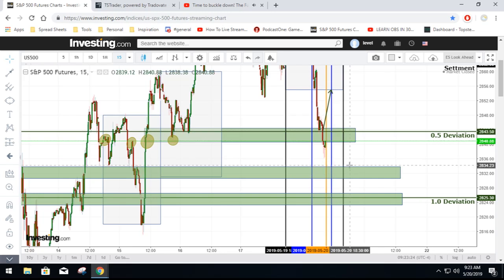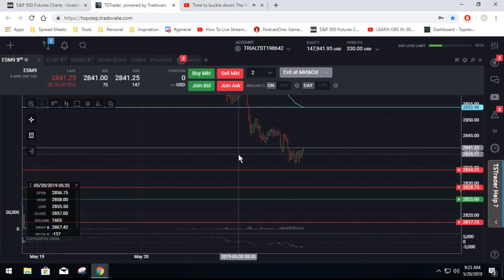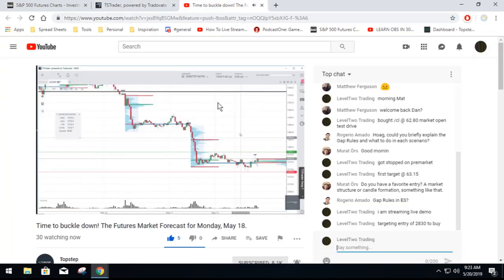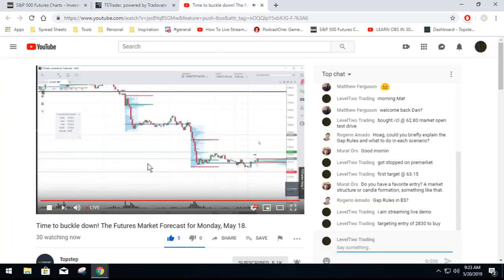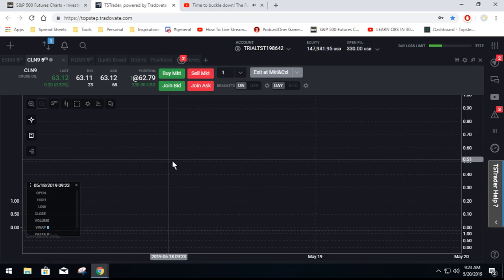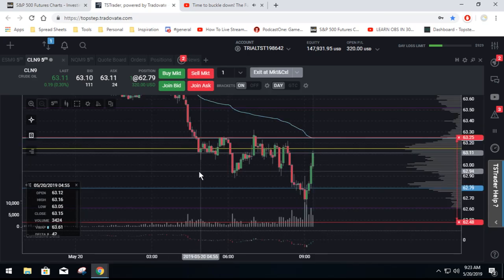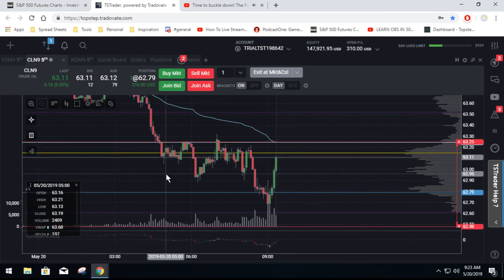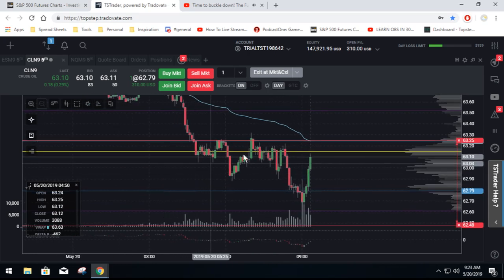Give a reaction back to the downside if we do get it. Delta position opening up.